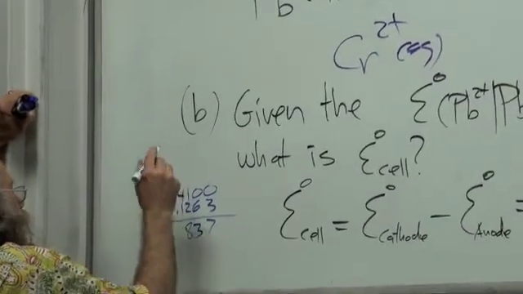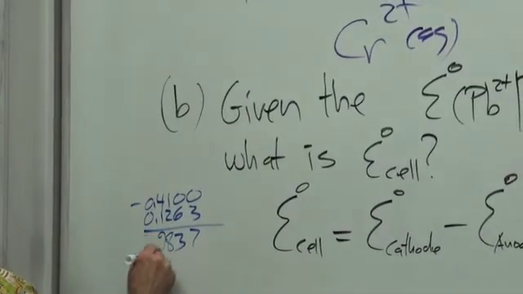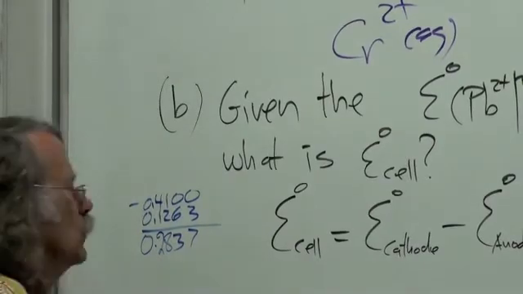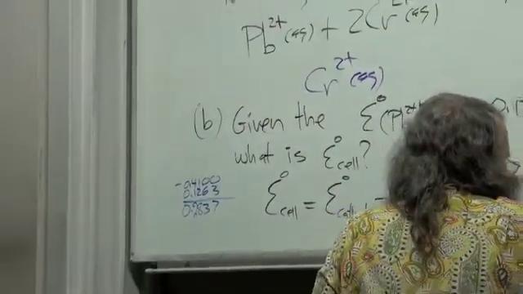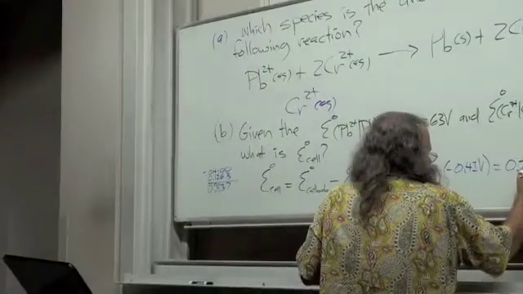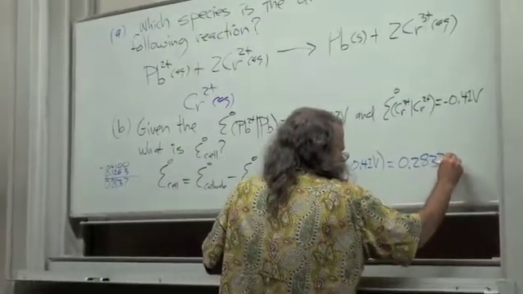That is 8, 3 subtract 1 is 2, equals 0.2837 volts.